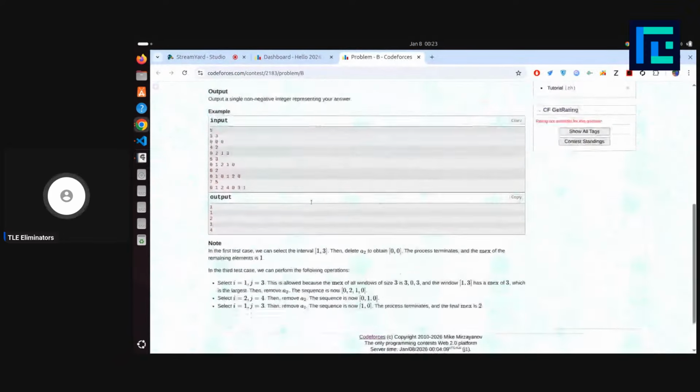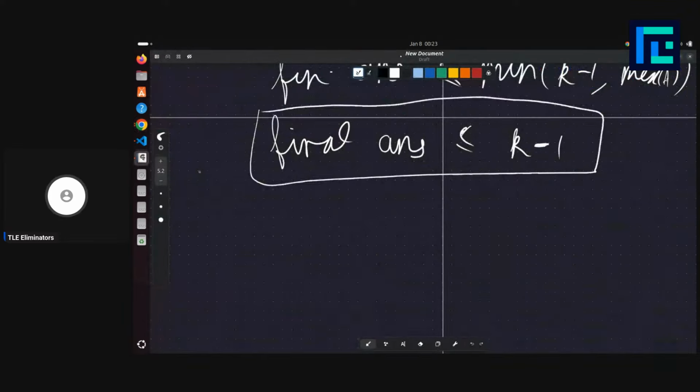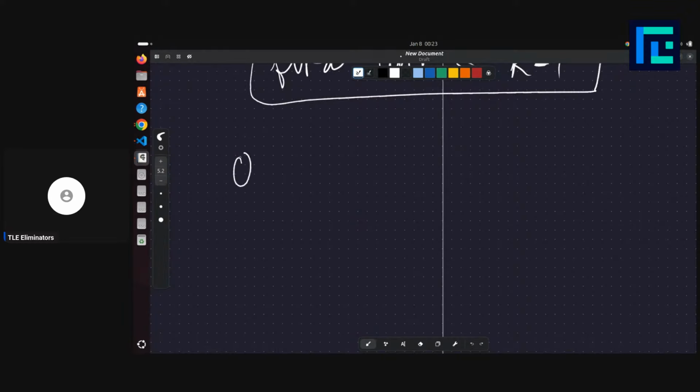Let's say we have the samples right here: 0, 1, 2, 4, 0, 3, 1, and here k is equal to 5, right?